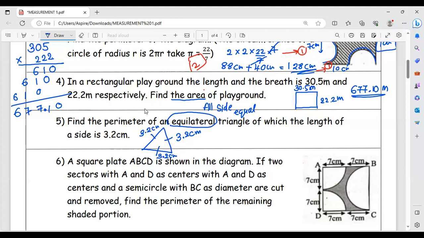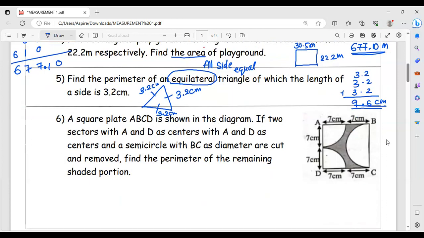Then to find the perimeter, we have to multiply 3.2 by 3, because we have to add 3.2 centimeters three times. If it is difficult to multiply, you can add 3.2, 3.2, 3.2. It is 9.6 centimeters. By multiplying also, you can obtain this.